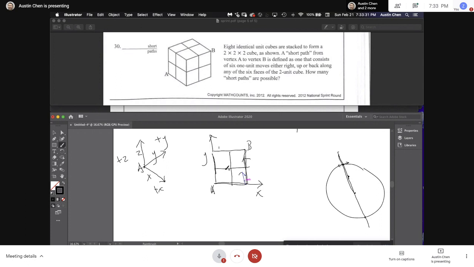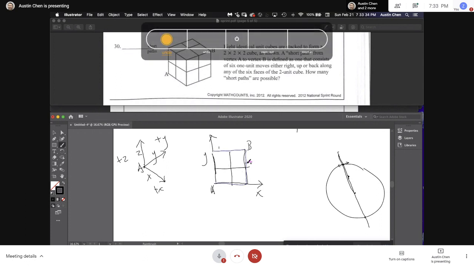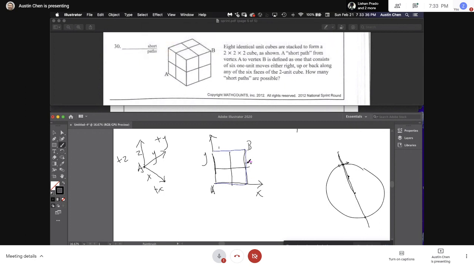So basically, we want to think of how many ways we can arrange that. And the number of ways we can arrange that is going to be the number of short paths that we can make. Thinking of it in 2D like that can help simplify the problem a little bit, instead of thinking of traveling along the faces. But there is one condition we have to be careful of: we can't go inside the cube.